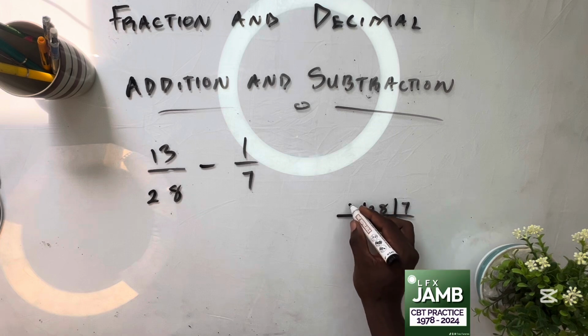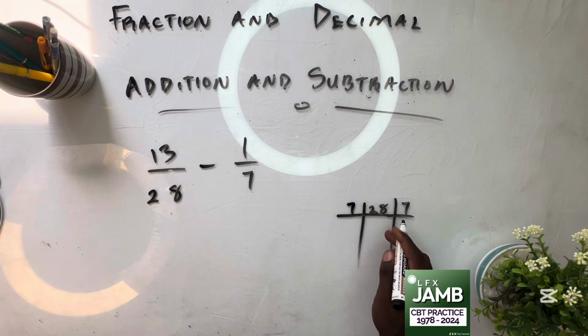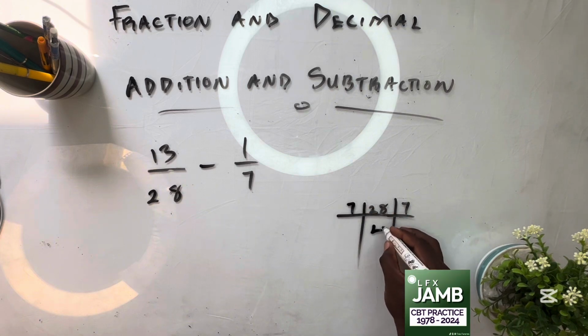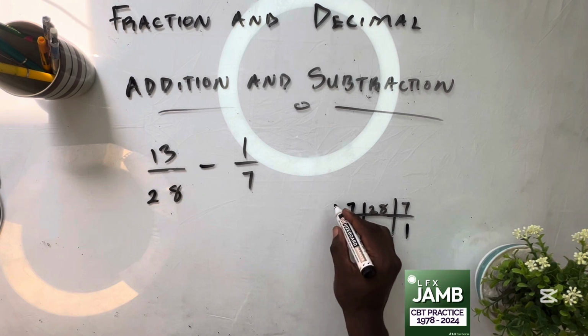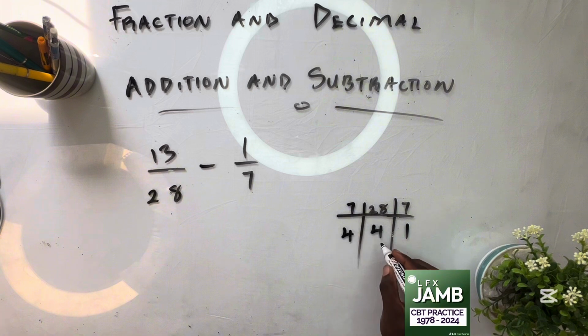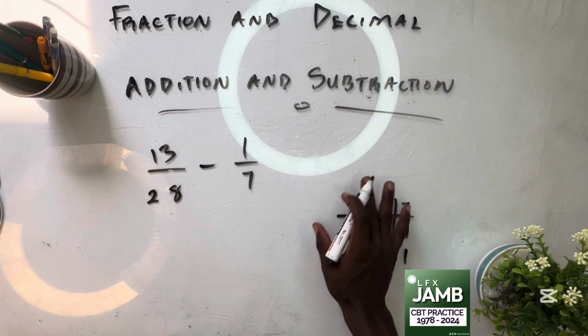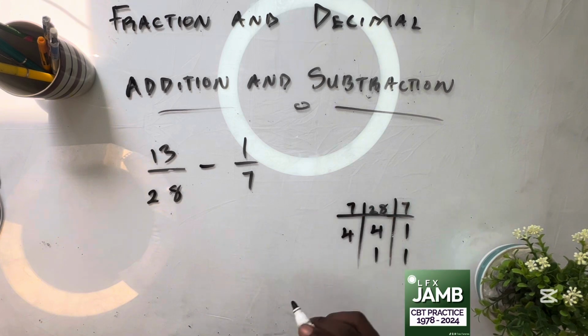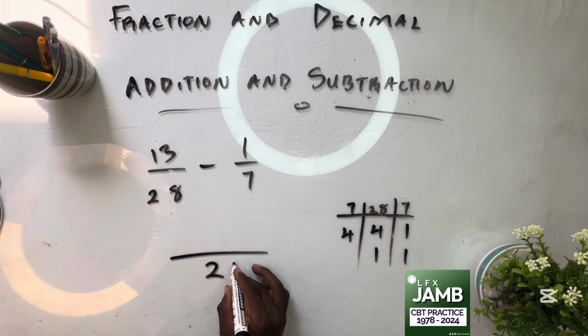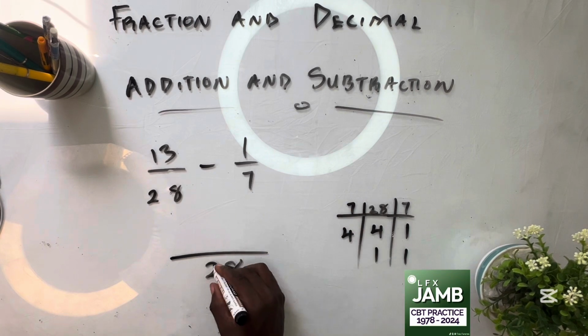That's 7. 7 here gives us 4. And 7 here will give us 1. So another factor that will go is 4. 4 here gives us 1. And 4 here gives us 1. The essence of this slow procedure is to make sure you understand that LCM is compulsory in this calculation. So we have 7 times 4 to give us 28.